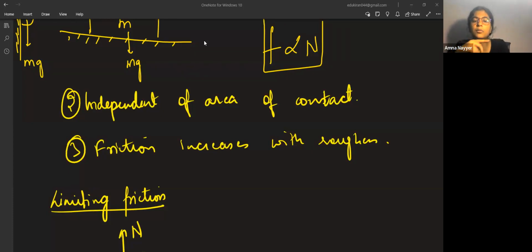You are asking about the law. The law is this: frictional force is directly proportional to normal reaction. Yes, the law is this only.